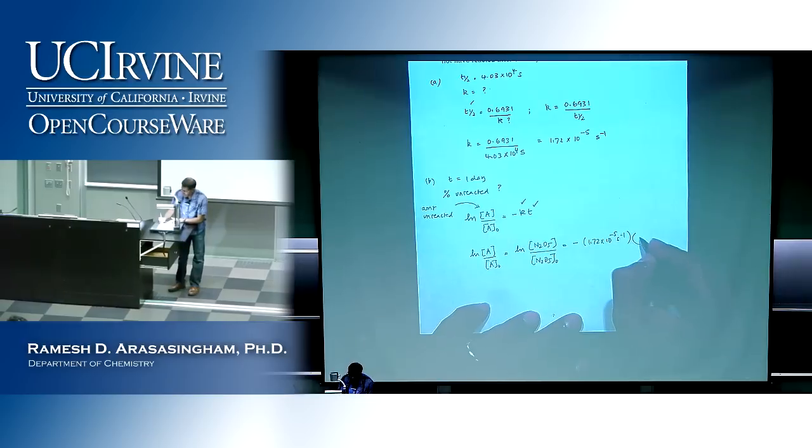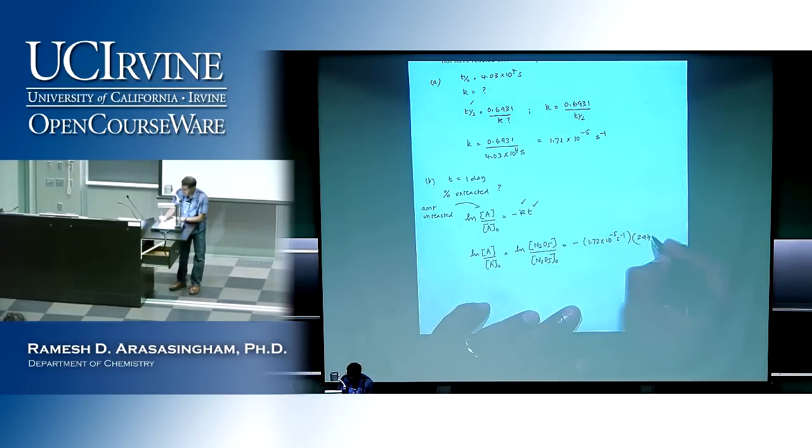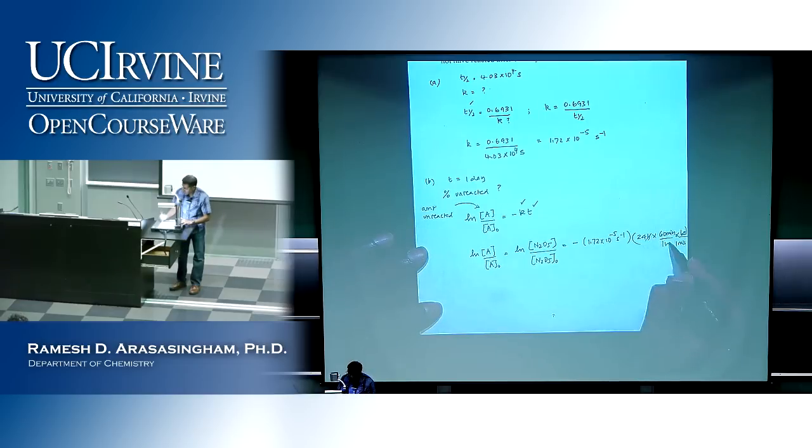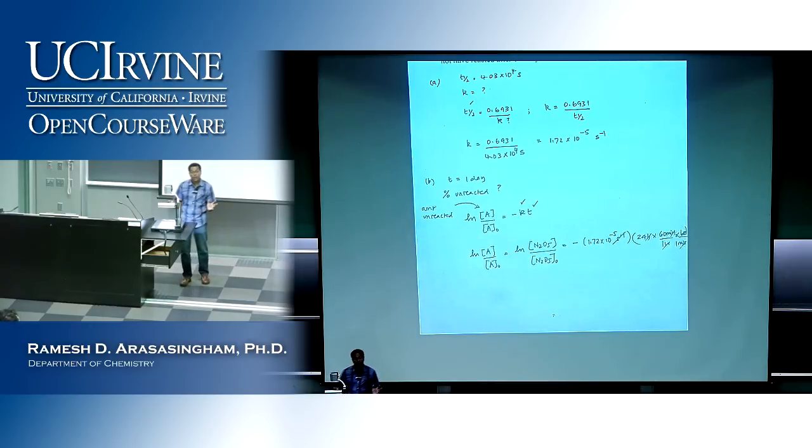So you know that there are 24 hours in a day, and 60 minutes in an hour, and 60 seconds in a minute. All right? So hours and hours will cancel out, minutes and minutes will cancel out. This is per second, and second will cancel out, so it becomes a unitless quantity.